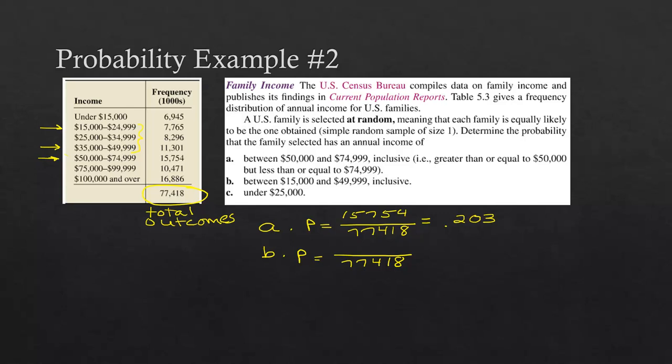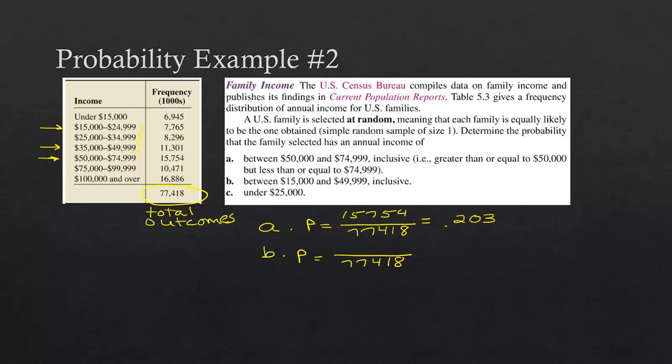That's not changing. That's the total that you're given here. Now the partial, because you've got to think of probability as partial over total, what you want over the total, okay? Well, what we want covers those three ranges there, 15 to 24, 25 to 34, 35 to 49.